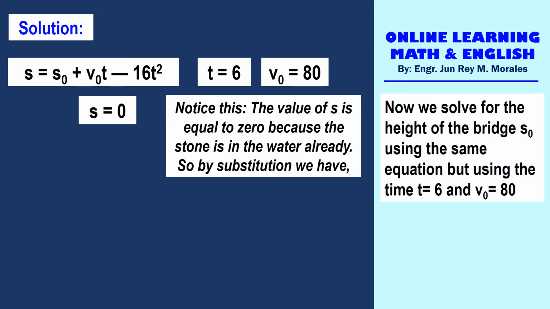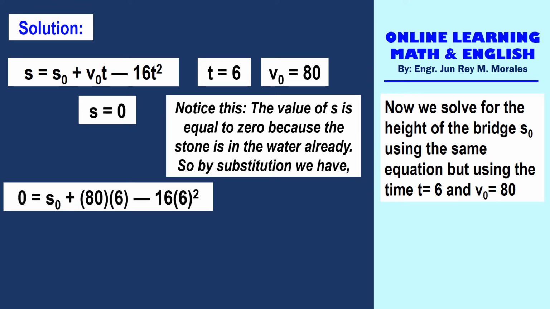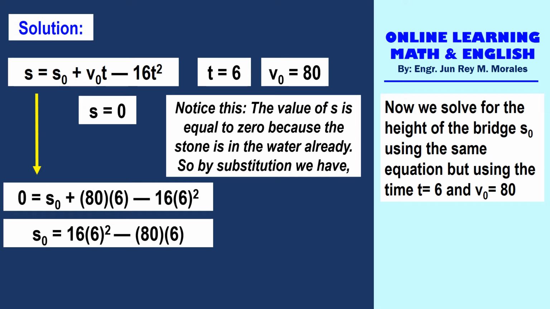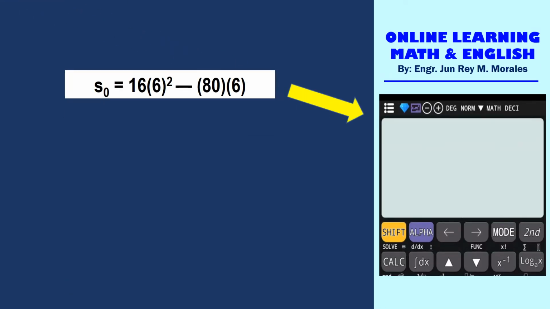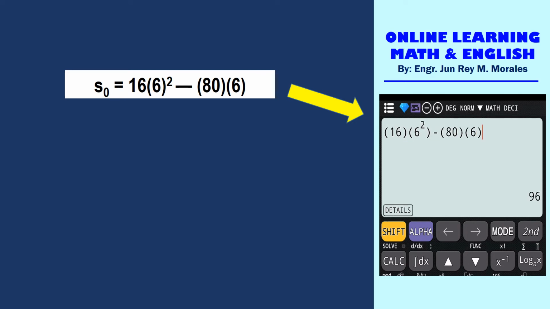So by substitution we have, so the height of the bridge is 96 feet.